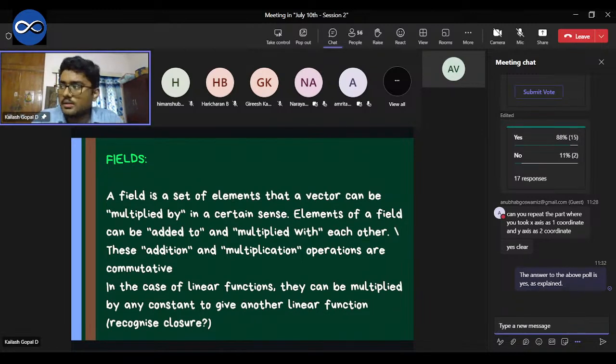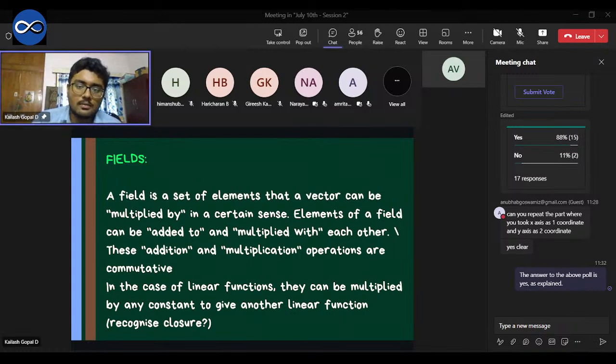So yeah, the real numbers are a field. R power 3 is a field, so the set of all three-tuples is a field. A field is kind of abstract, and what we look at is the properties of a field.